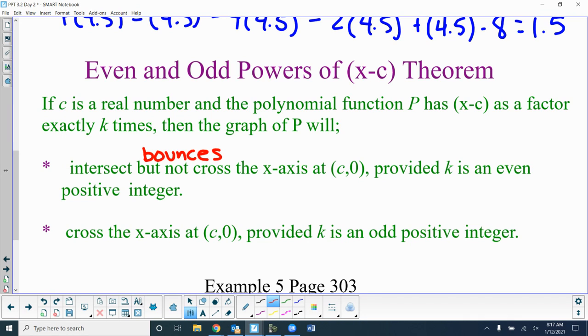So at the 0, whatever the 0 is, the graph will bounce off the x-axis. It won't go through it. When k, being the exponent of that, is even, it will actually cross the x-axis at C when k is an odd exponent. Okay?